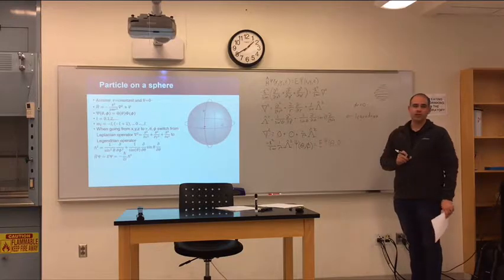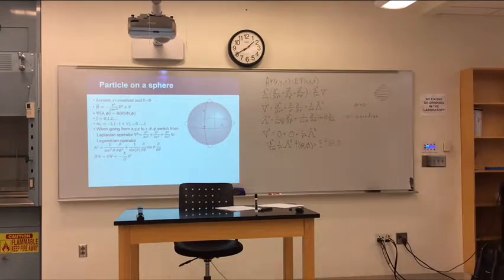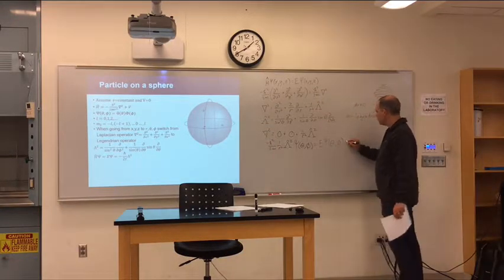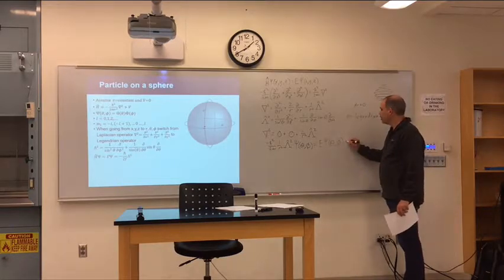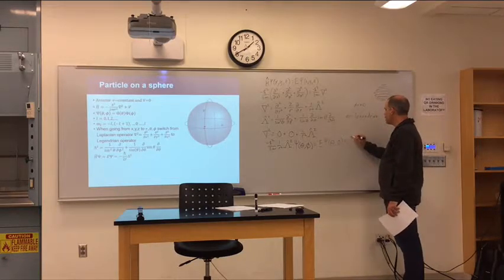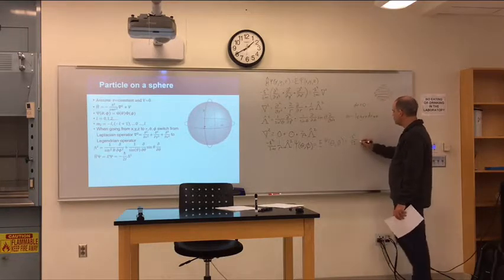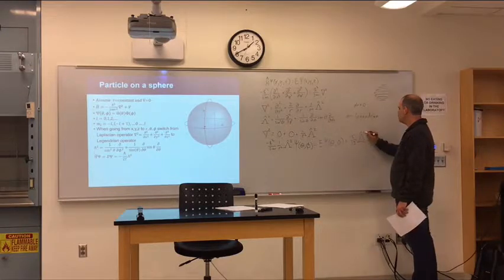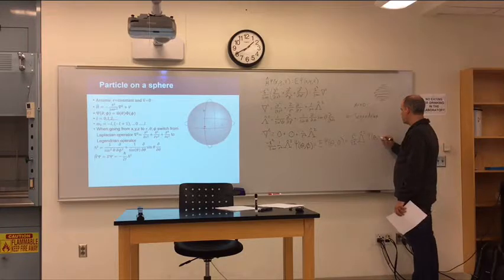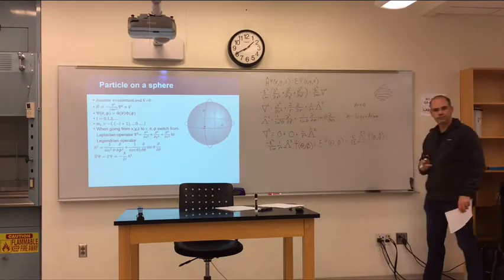Now, the question is, do you notice anything about what's on the left-hand side? Something we did when we were looking at, mr squared. Yep, mr squared. So that was I. So we can write this as minus ħ squared over 2 capital I, Legendrian squared, like that.